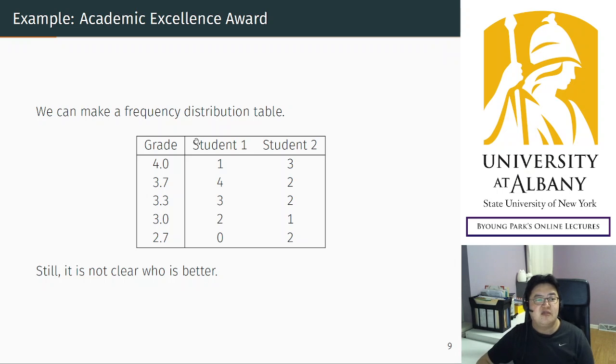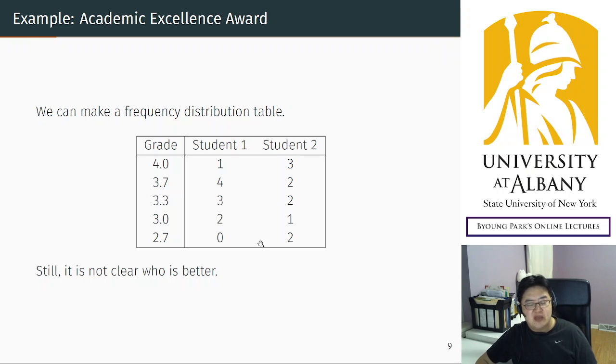In this summary, the first student got 1 A, 4 A minuses, 3 B pluses and 2 B. The second student got more A, but he got more B minus. So he had more good grades, also more bad grades in terms of them.